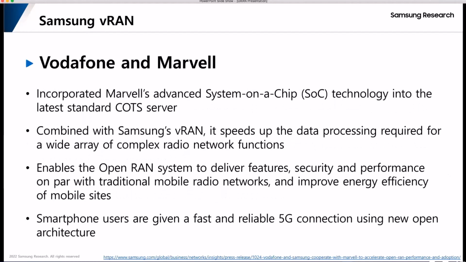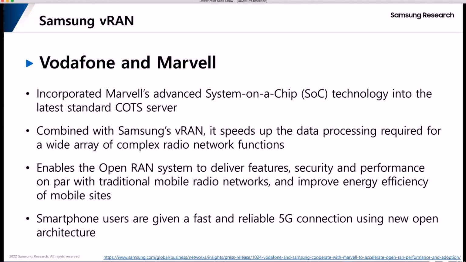So in addition to these, Vodafone and Samsung also worked with Marvell to incorporate their system on a chip technology into the latest standard COTS server. Combined with Samsung's vRAN, it speeds up the data processing required for complex radio network functions.